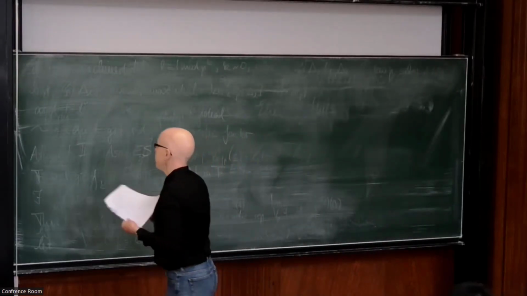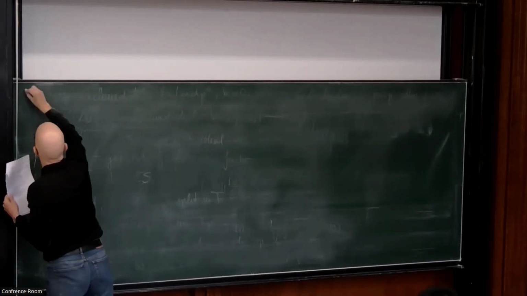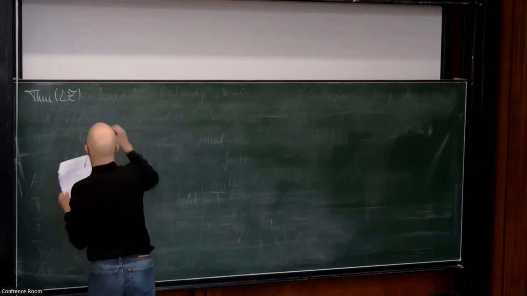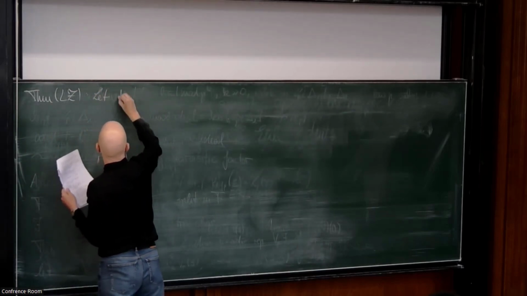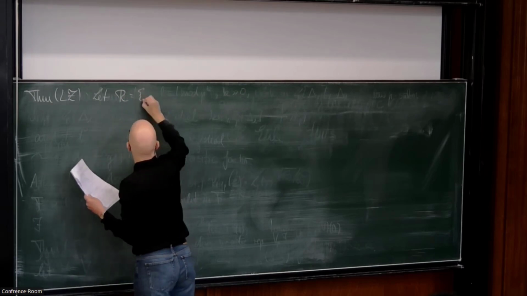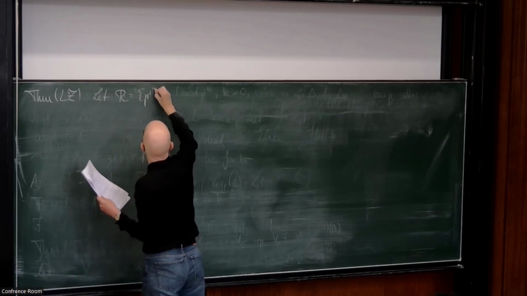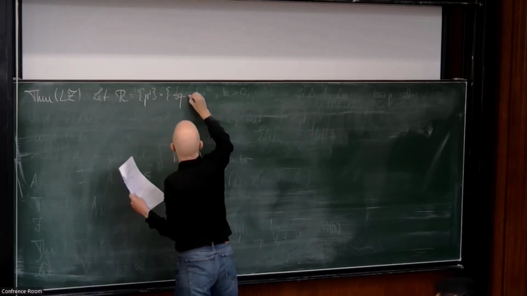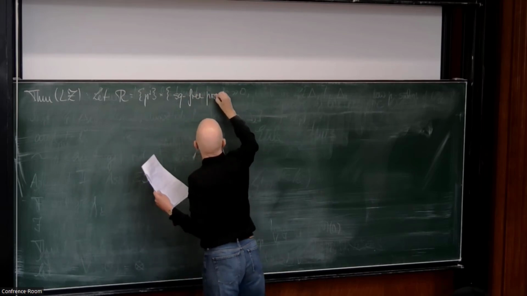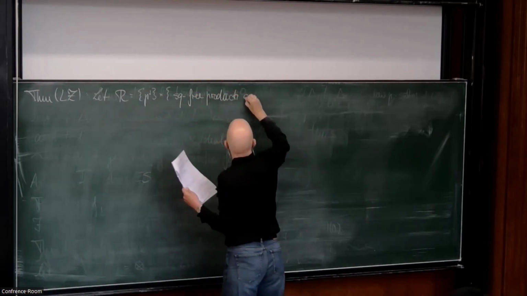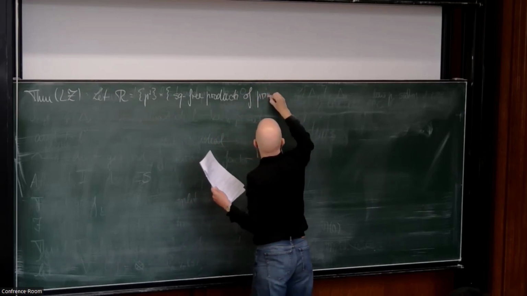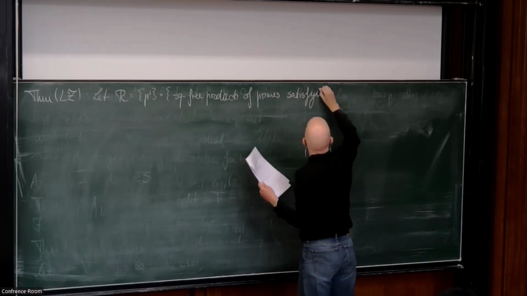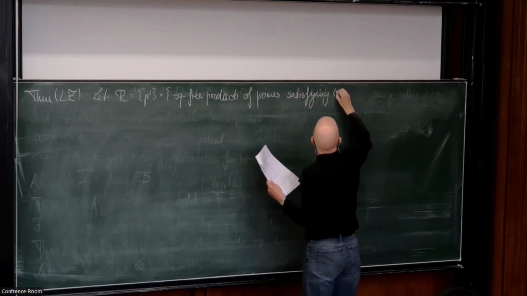Okay, so we have the following theorem, joint work with David. We let R be the following set: p to the j times square-free products of primes satisfying our condition star.